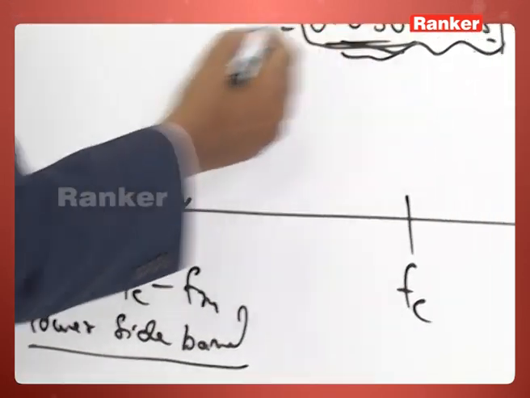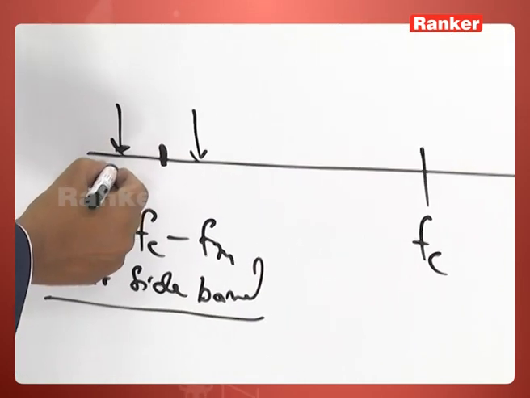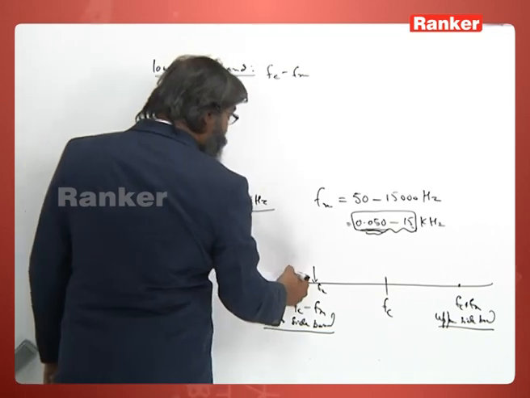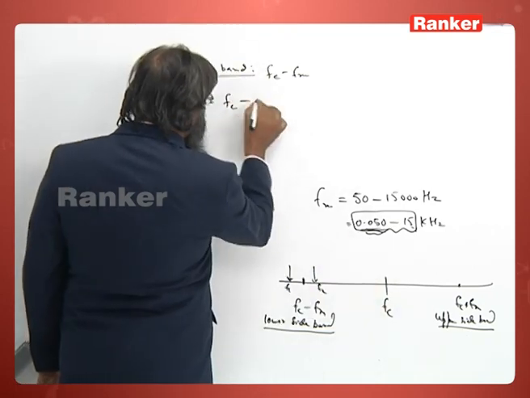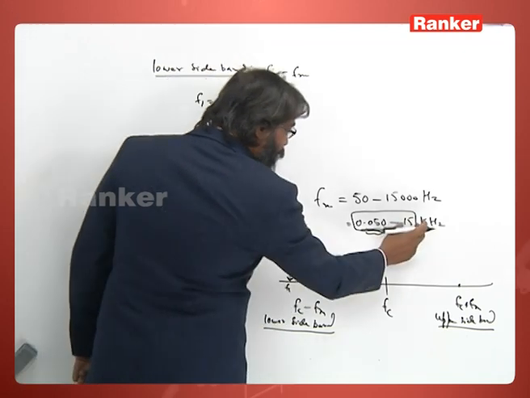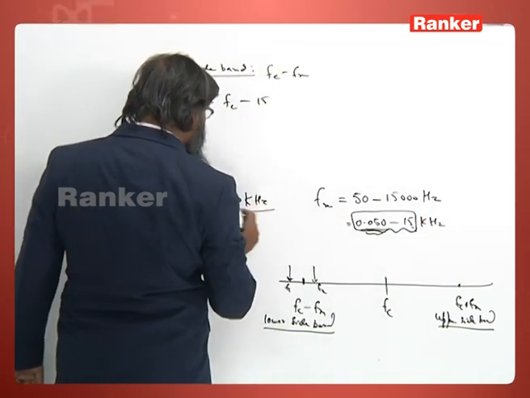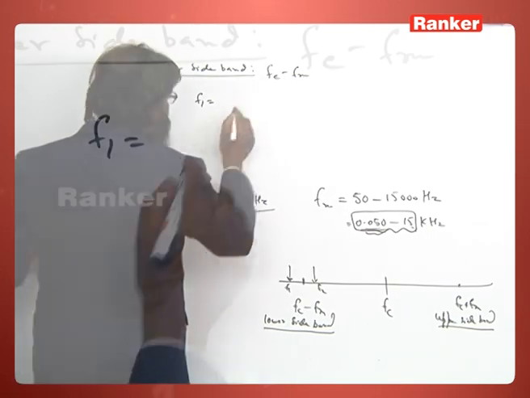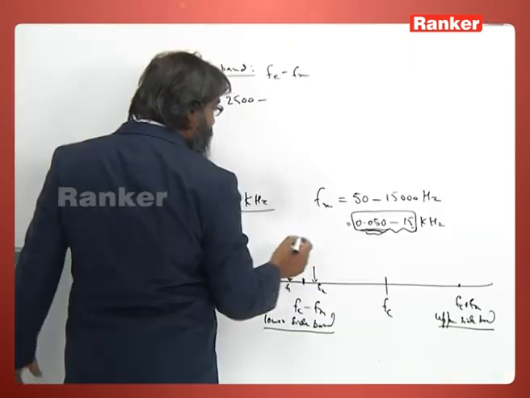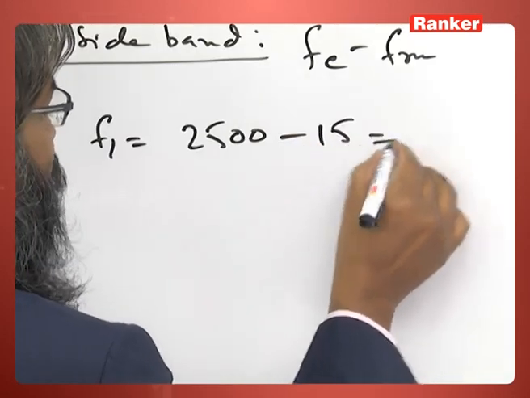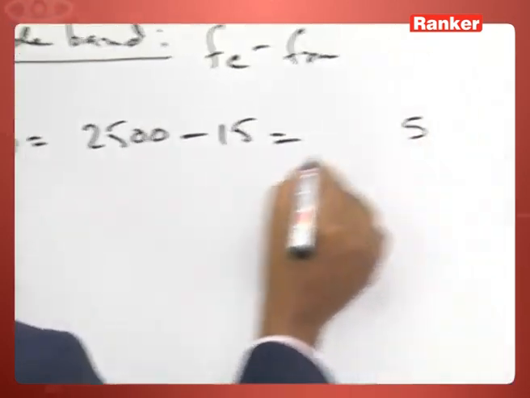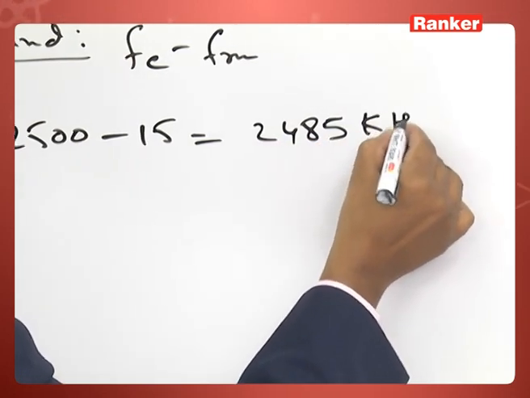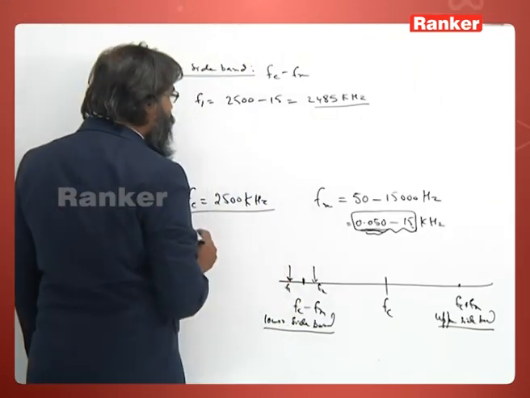Suppose I call them F1 and F2. F1 will be FC minus 15, and the FC value was 2500, so 2500 minus 15 is 2485 kilohertz.